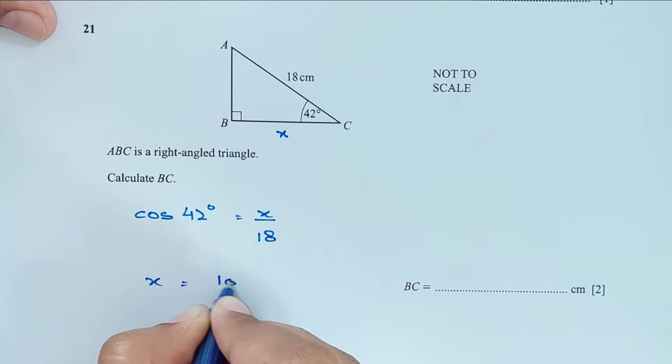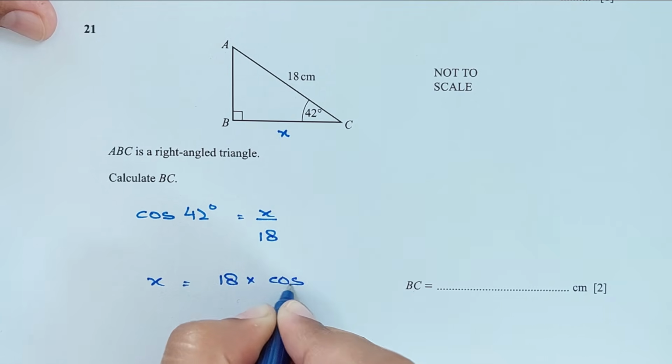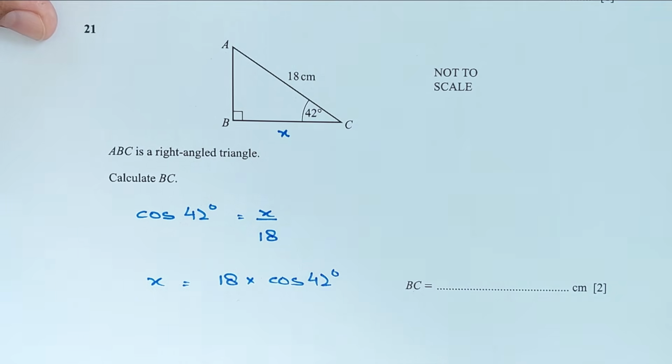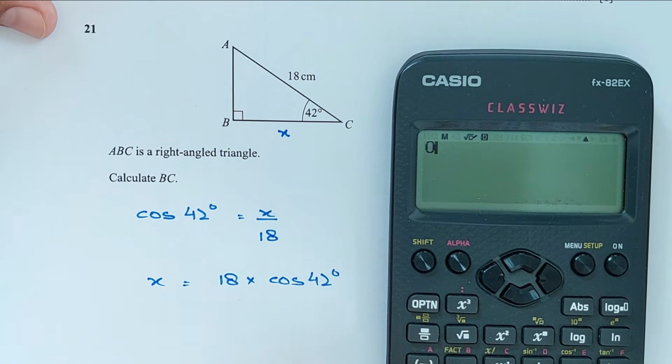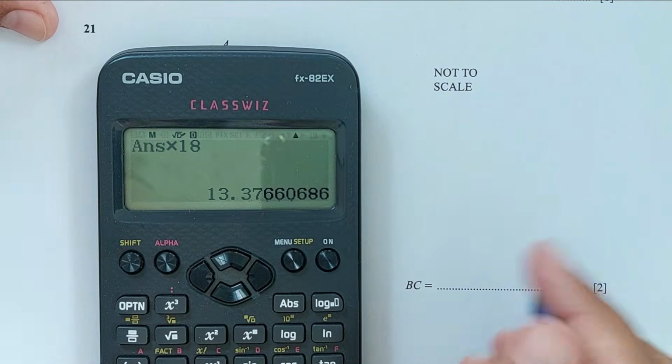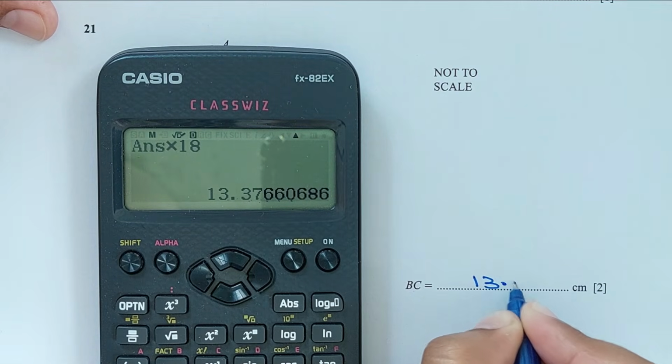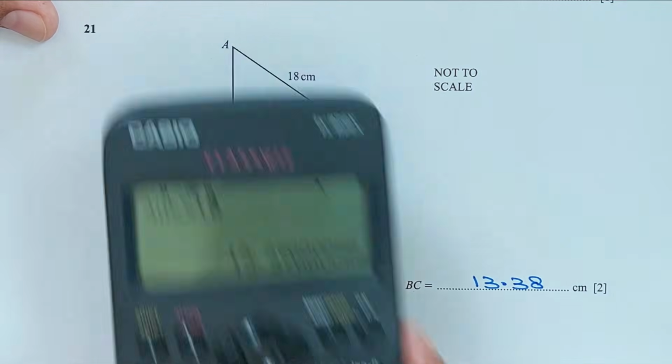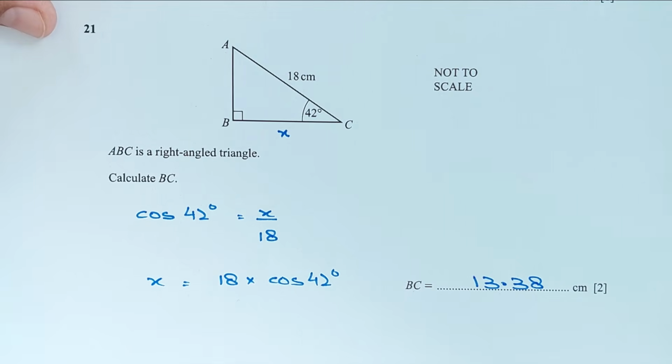X is 18 times cos 42. All right. In degrees, so cos 42 times of 18, this is 13.38. We can calculate it. 13.38 up to 2 decimal place. Yes. So that's the last question of our paper.